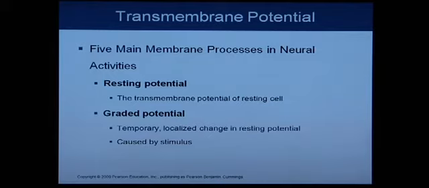We measure it in millivolts, okay, like little electrical potentials. And this again is in an undisturbed cell. Graded potential is when we have a temporary change in the resting potential, and it's typically localized to one particular area, caused by some type of stimulus.